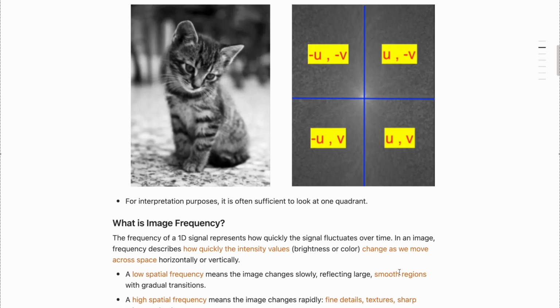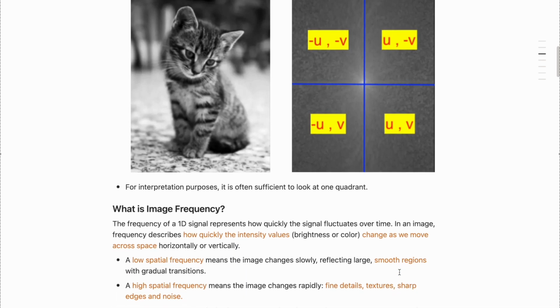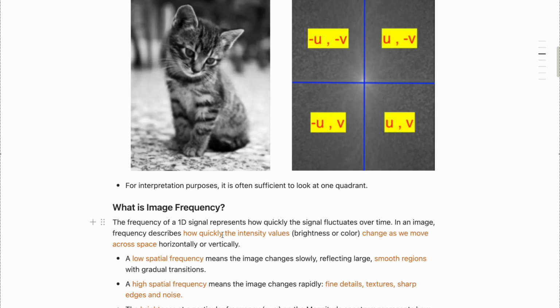So let's talk about what an image frequency means. The frequency of a one-dimensional signal represents how quickly the signal fluctuates over time. In an image, frequency describes how quickly the intensity values, which is brightness or color, change as we move across space, either horizontally or vertically. A low spatial frequency means that the image is changing slowly, reflecting smooth regions with gradual transitions.